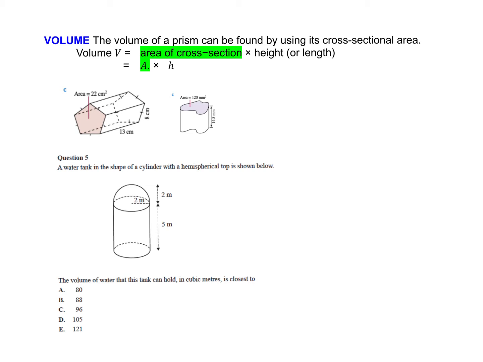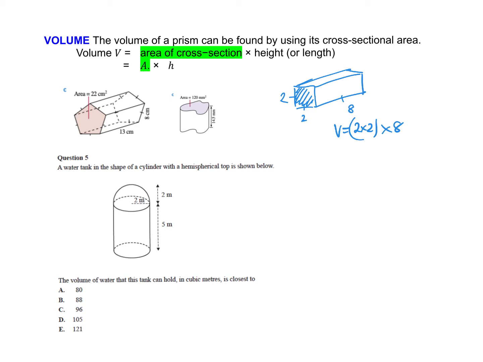For example, if you had a rectangular block like that, and say that was 2 and that was 2 and this was 8, first you find the area of the face, which would be 2 times 2, and then you times it by the length of it, which would be 8. So we often say volume is the area of the cross section, the face of it, times the length.